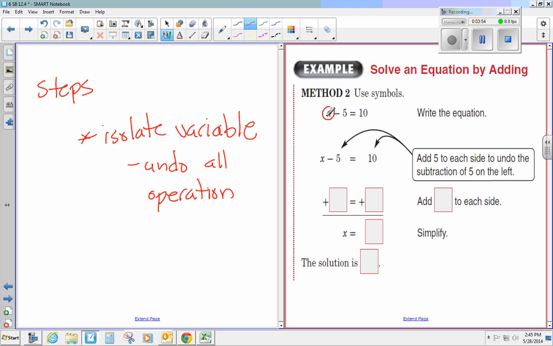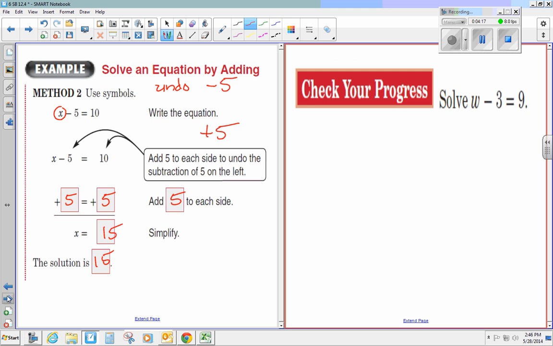So here's the x. We need to undo all the operations. So how do you undo a minus 5? Well, you undo it by adding 5 to both sides. So 10 plus 5 is 15. Your solution is 15.